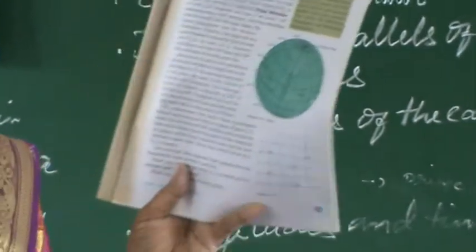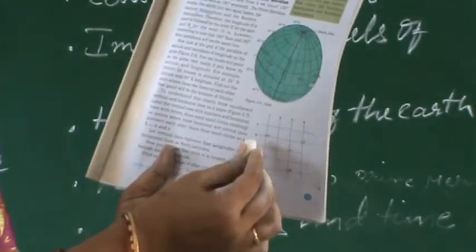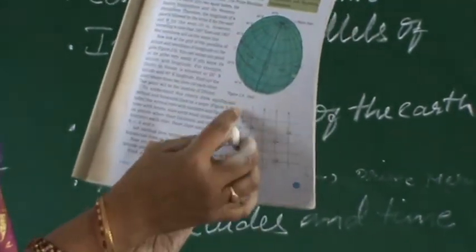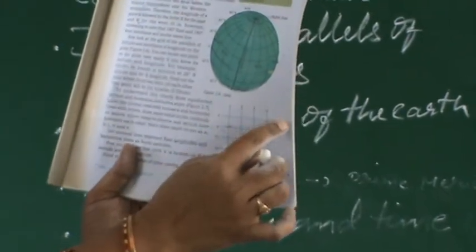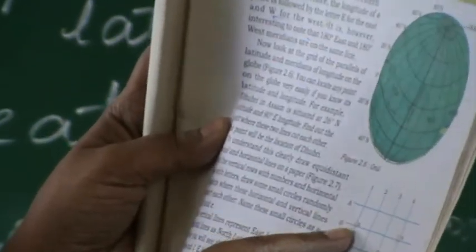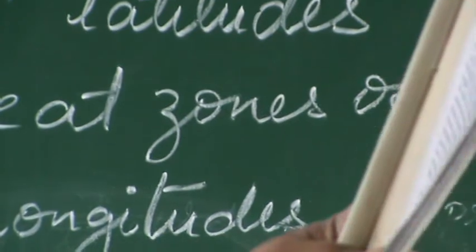In this figure, the latitudes are A, B, C, D, E, and the longitudes are 1, 2, 3, 4. Can you see this B latitude? In the B latitude, there is a circled A, like this.